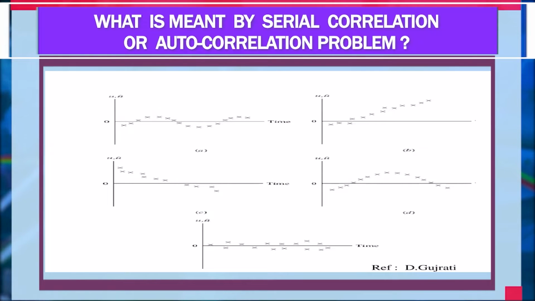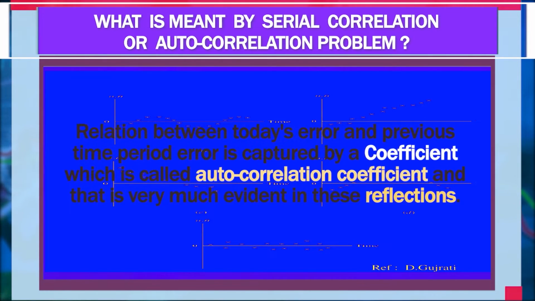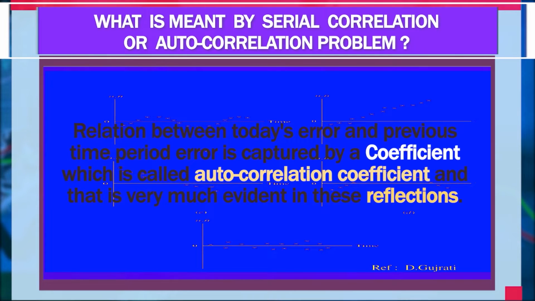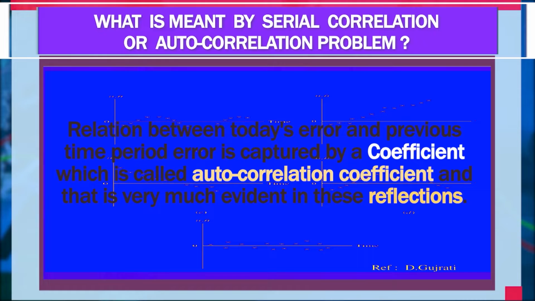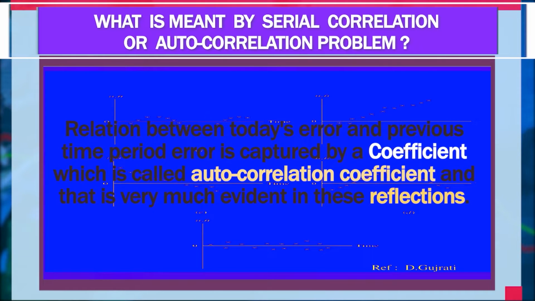So just by looking at these diagrams, we can infer that error terms are related, or there is an autocorrelation effect between them. And the relation between today's error and the previous time period error is captured by a coefficient which is called the autocorrelation coefficient, and that is very much evident in these reflections.